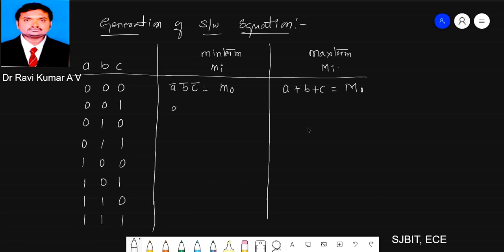Similarly A bar, B bar, C we call m1. A plus B plus C bar we call M1 in the maxterm equation. So this is capital M.